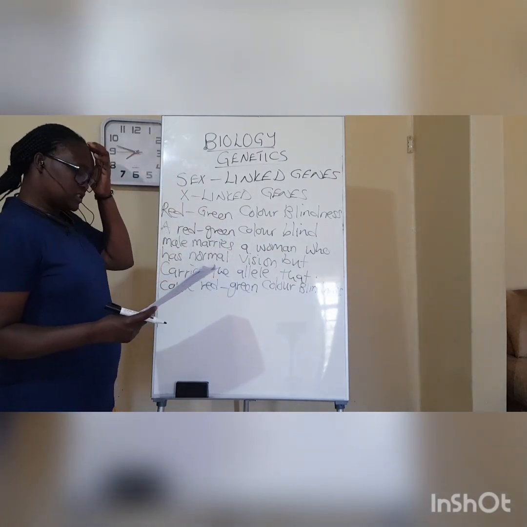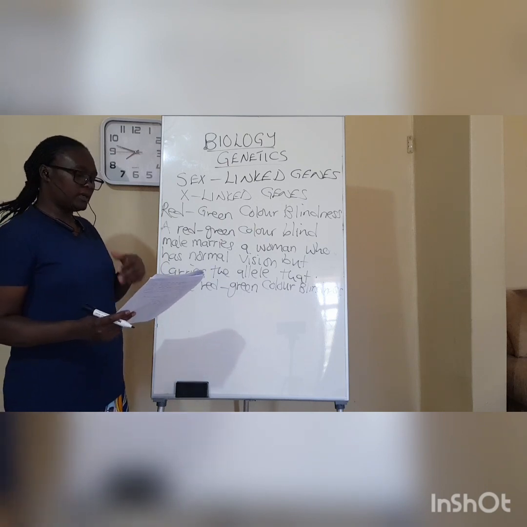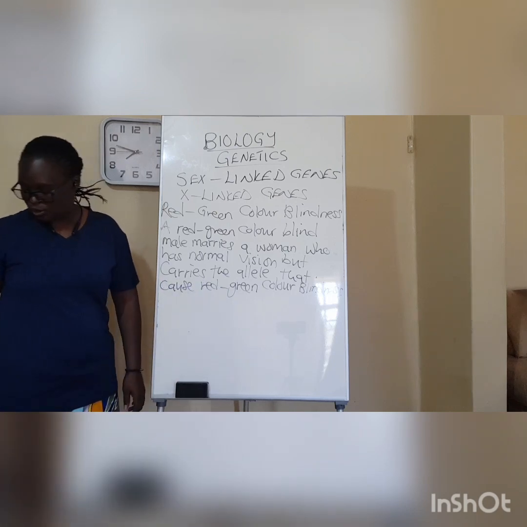So using a genetic diagram to predict the chances of having the following types of offspring: a colorblind male, a carrier female, a normal male, a normal female.